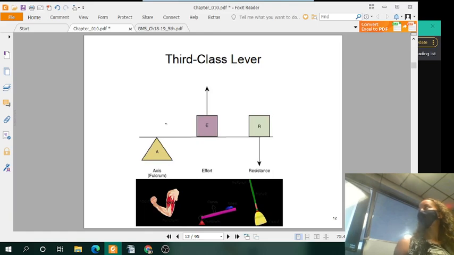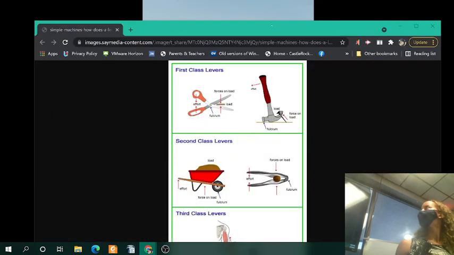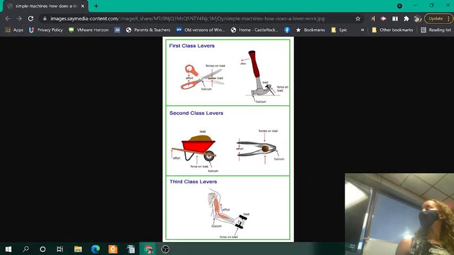And I have an example pulled up of the different ones that I liked. Examples you might be able to remember. So the wheelbarrow one, this is the one we don't really have in the human body. It's common elsewhere, but not in humans. So first class is similar to scissors or pulling a nail out with a hammer.